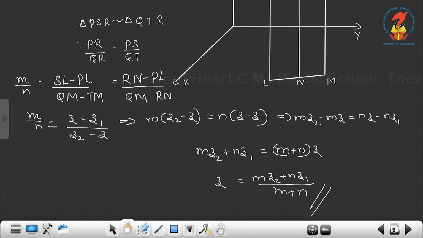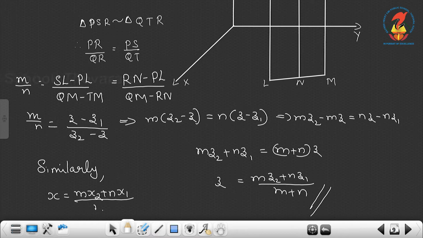This is the z coordinate of R. Similarly, when we take the other side, the x coordinate we can write as (mx2 plus nx1) by (m plus n), and the y coordinate is (my2 plus ny1) by (m plus n).